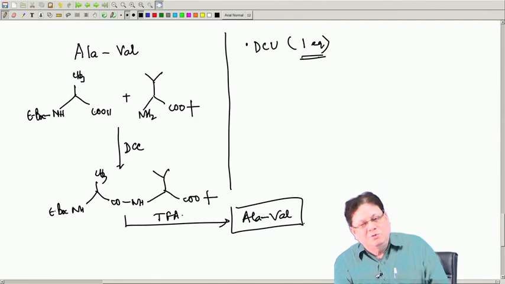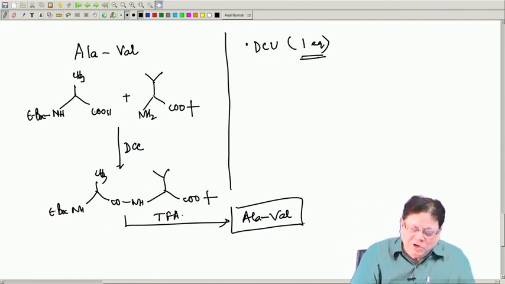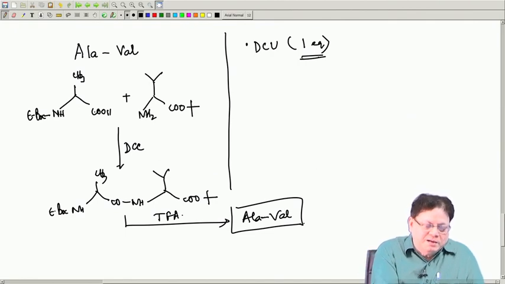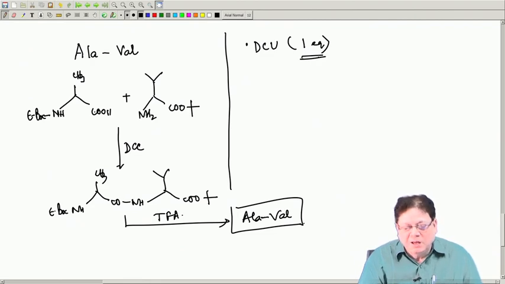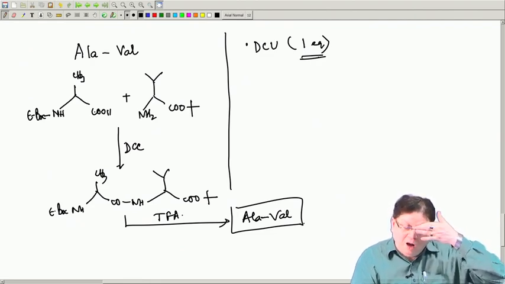Still there are some DCUs left in that procedure, and sometimes it is really difficult to separate the protected dipeptide or protected peptide from the DCU. So, you have to do a series of columns or series of crystallizations in order to get the DCU out.